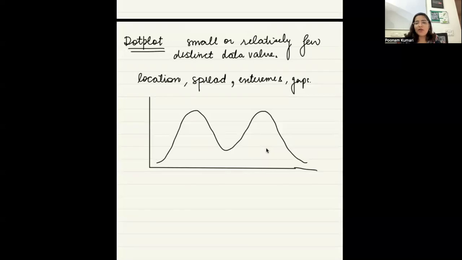But how will you describe the skewness? Whenever we talk about skewness, we typically have unimodal data in mind. We can still talk about it. The main logic is if your tail is very stretched out on one side, on the positive side, then you call it positively skewed.